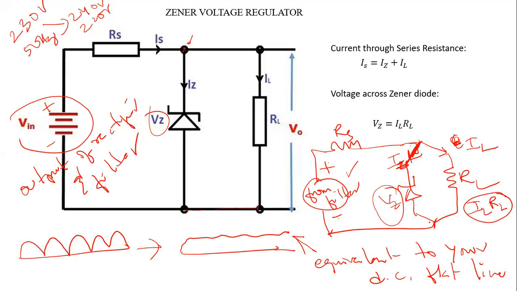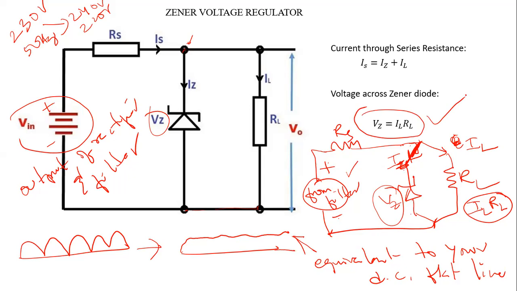That means even if you have 2 branches, 4 branches, or as many branches as you like in a parallel circuit, the voltage appearing across each and every parallel arm is identical, always equal. So if VZ is the voltage appearing across the diode, it should always be equal to IL into RL.